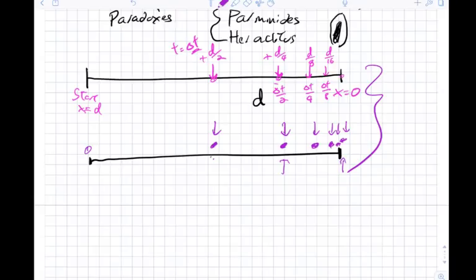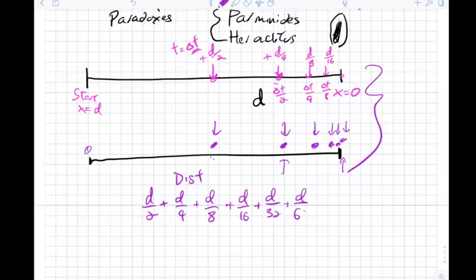Eric Mazur introduces this idea in his textbook because he wants us to laugh at it. Ha ha ha. But it's actually pretty clever, because the distance the runner has to travel is d over 2 plus d over 4, that's reaching the second midpoint, plus d over 8, that's reaching the third midpoint, plus d over 16, that's reaching the fourth, plus d over 32, plus d over 64, plus d over 128, and on, and on, and on.